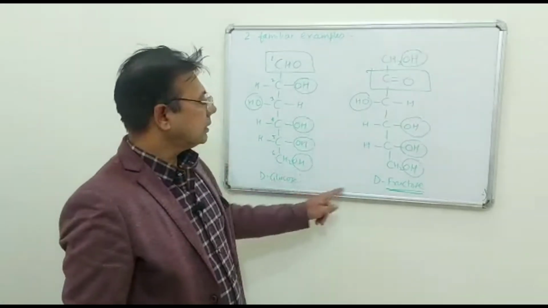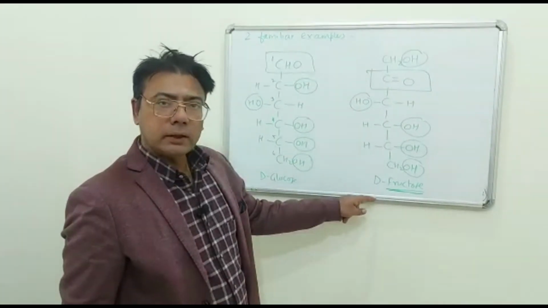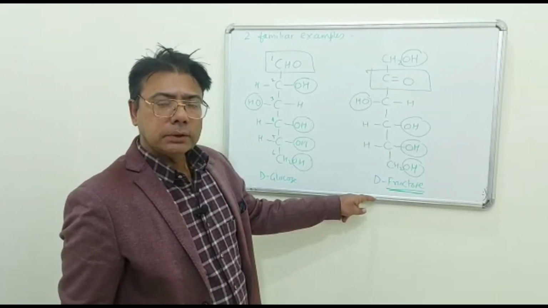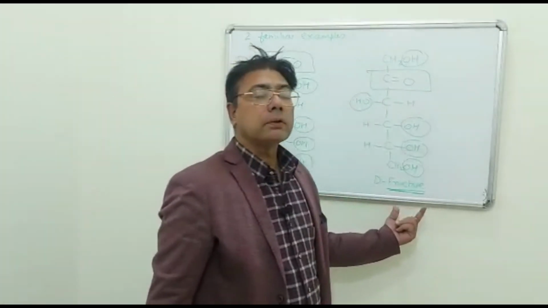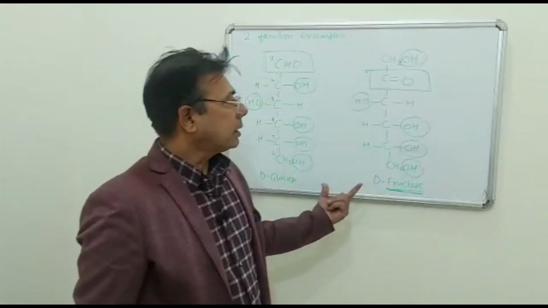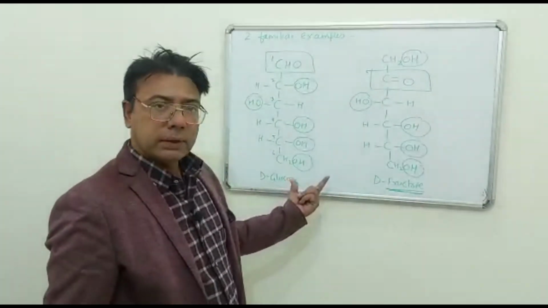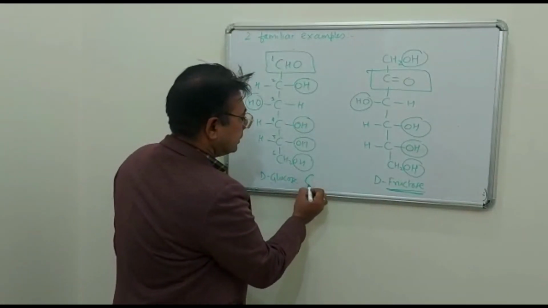So, both glucose and fructose are carbohydrates. They are polyhydroxy aldehydes and ketones: while glucose is a polyhydroxy aldehyde, fructose is a polyhydroxy ketone. And one remarkable thing that you can observe here is that both have the same empirical formula.